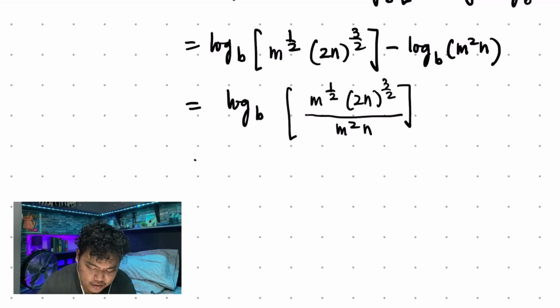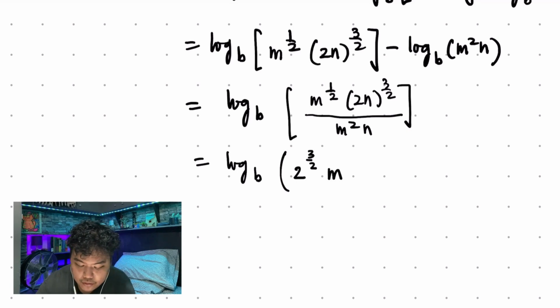Pwede nyo na yung sagot, or kung gusto nyo mag-simplify ng onte, this is 2 raised to 3/2. Tapos m raised to 1/2 minus 2 is negative 3/2. And then you get n raised to 3/2 minus 1, n raised to 1/2.